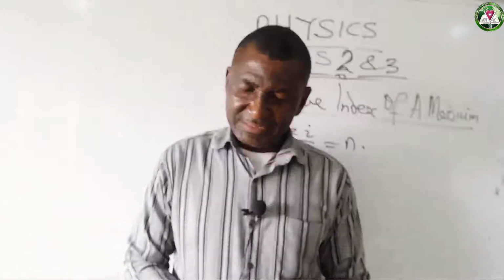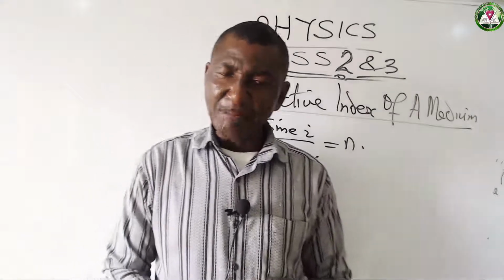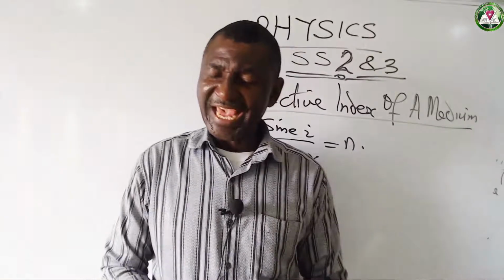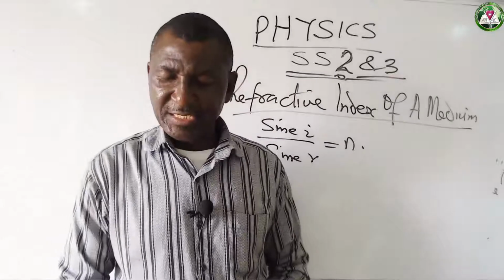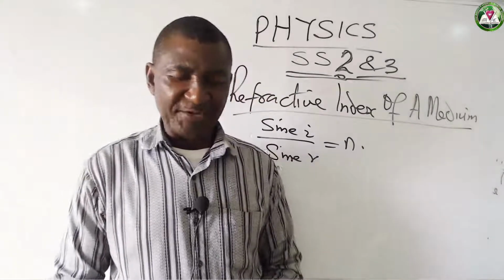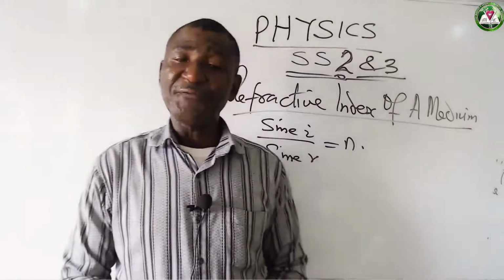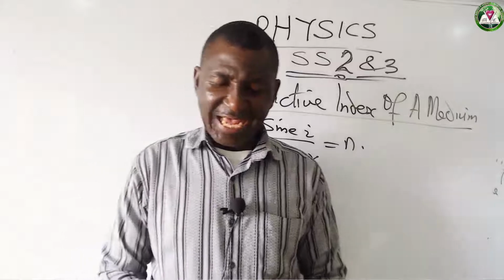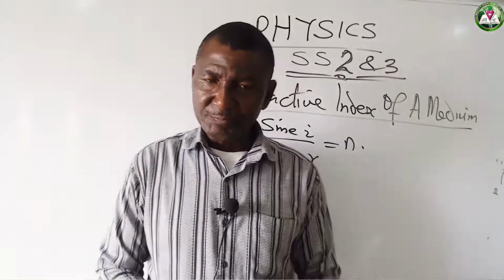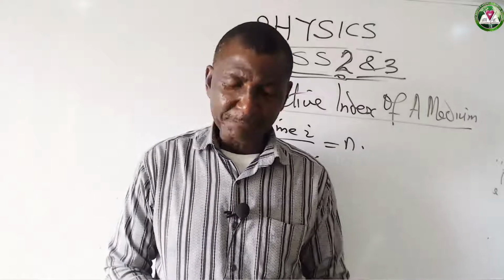I repeat, the refractive index of a medium is a number which gives a measure, M-E-A-S-U-R-E, of refraction, or bending of light as the light travels from one medium to another. Let me go through it again for the last time.